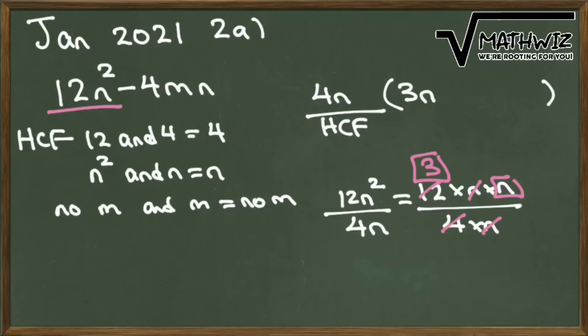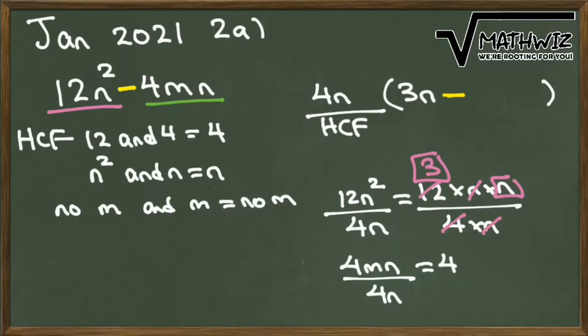The minus that was originally here is going to remain. We are then going to take the second term, which is the 4mn, and also divide it by the highest common factor.